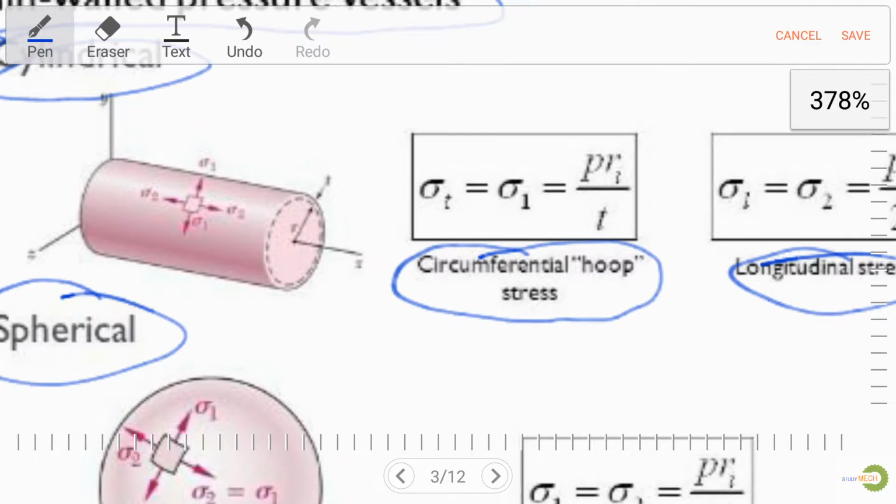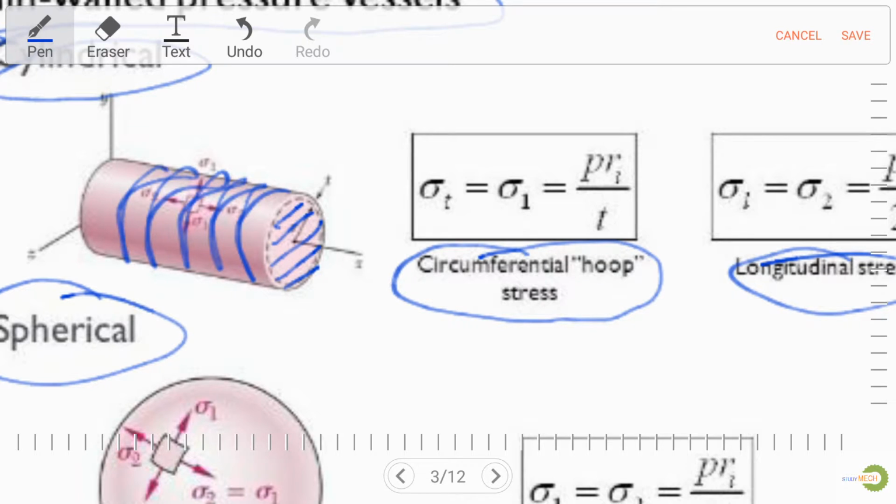Longitudinal stress means axial stress. At this face we have longitudinal stress, and at the circumferential we have hoop stress. So it is also known as circumferential stress and hoop stress, and at this face it is known as longitudinal stress and axial stress.